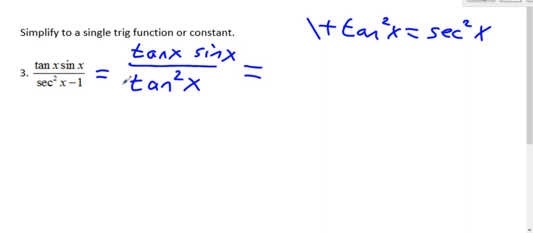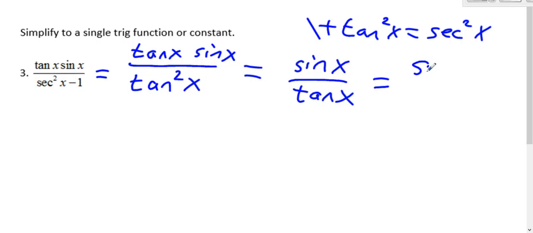Then the tangent on top cancels one of the tangents in the denominator, so that becomes sine over tangent. Tangent is sine over cosine, so that's sine over cosine.